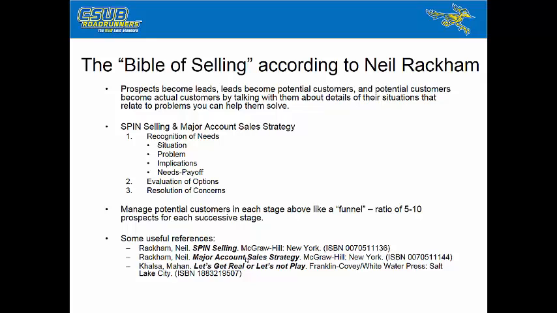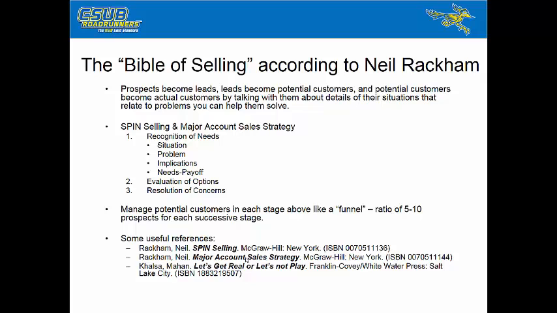You want to make sure to manage potential customers in each stage, kind of like a funnel. Like I said, a ratio of 5 to 10 prospects for each successive stage of the process. So once you've gotten people to recognize that they need to do something, then they're going to evaluate what are the different options that they might be able to buy, and then they're going to settle on one option and resolve any concerns they have about purchasing that option before they do.